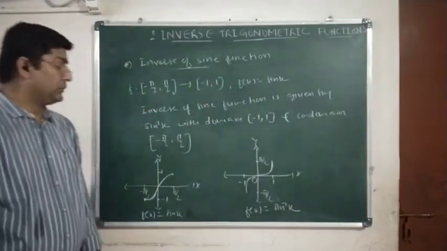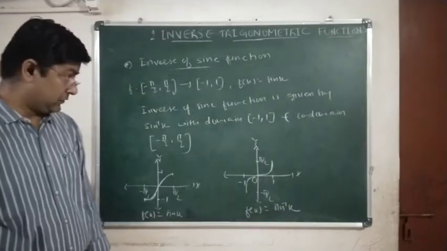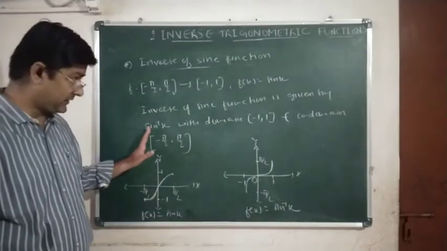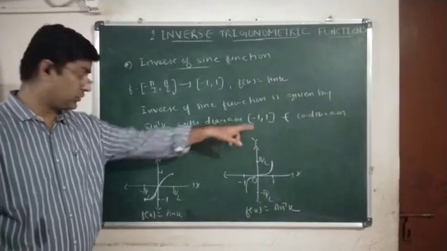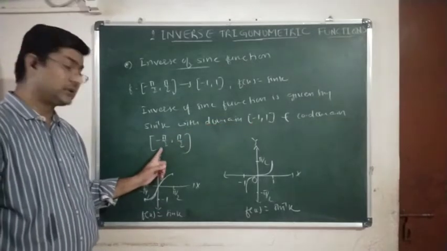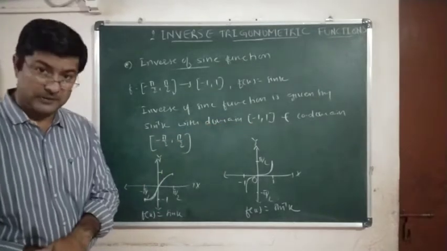Clear? So now sine inverse x is a function whose domain is minus 1 comma 1 and range is minus pi by 2 to pi by 2.